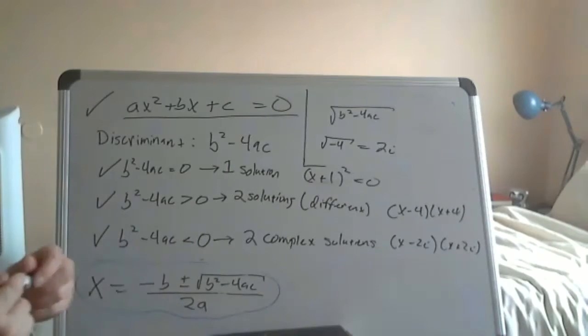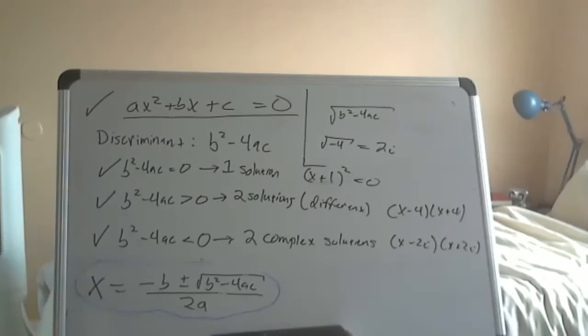Anytime you factor something, these are your options: one real solution, two real solutions, or two complex solutions. There'll definitely be a whole lot of numbers. But I know this discriminant nonsense is on your homework, so I wanted to get through this. And now I'm going to put up a whole bunch of stuff. In fact, I'll do some examples.